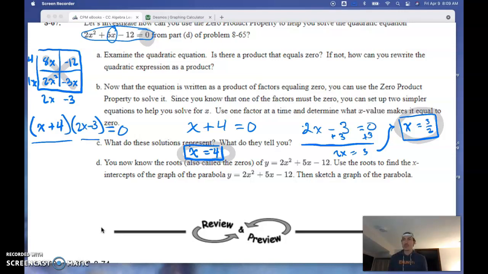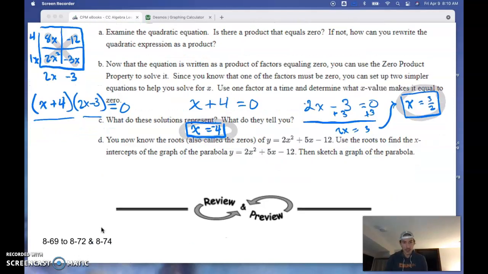They're my roots. They're my x-intercepts. Okay? That's what we talked about in 8-64. So we now know the roots and the zeros and/or the x-intercepts, and now we can go ahead and make a quick sketch of this parabola.